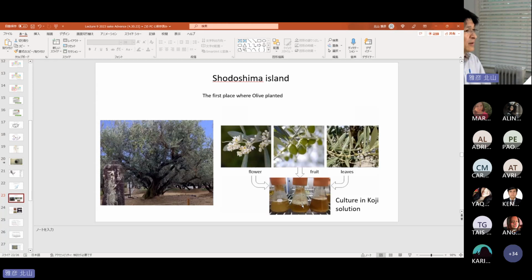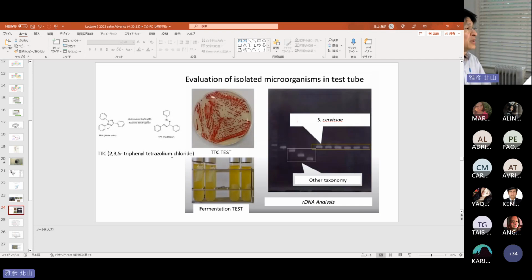And they isolated and analyzed yeast strains from different parts of the olive tree. At the beginning, we need to screen by TTC test. A colony with strong red color shows high activity to produce alcohol.